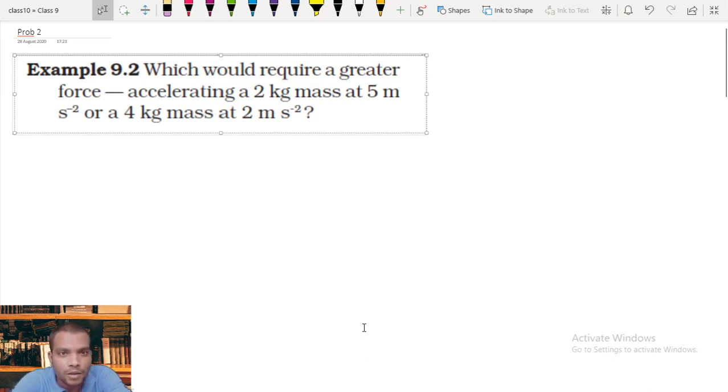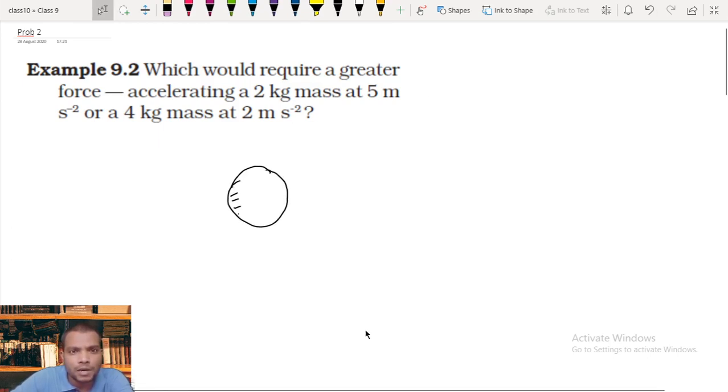Let's do another problem. The problem here: which would require a greater force, accelerating a 2 kg mass at 5 meter per second square or a 4 kg mass at 2 meter per second square? Suppose you have two masses. Let me take this as a 2 kg mass stone.